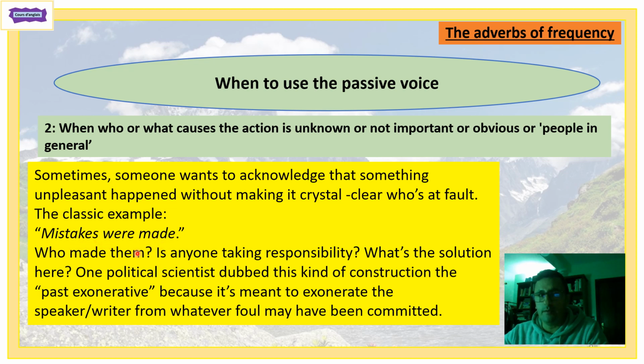Who made them? Is anyone taking responsibility? One political scientist dubbed this kind of construction the past exonerative because it's meant to exonerate the speaker or the writer from whatever fault may have been committed.